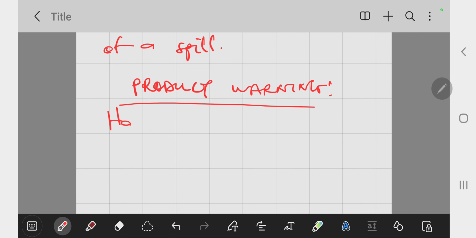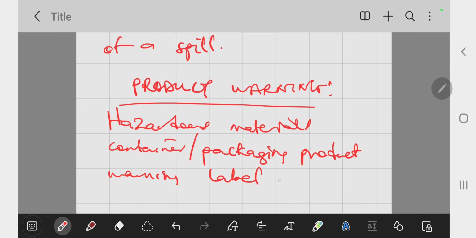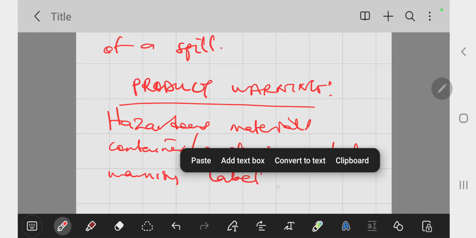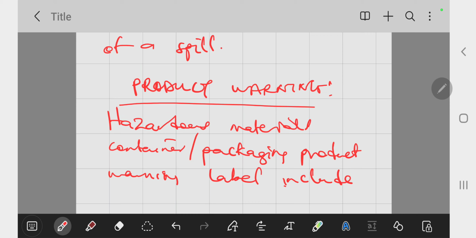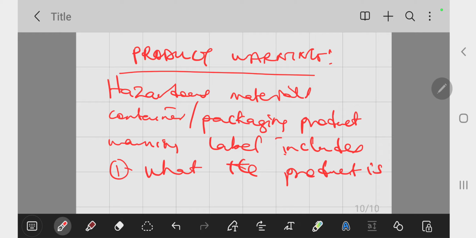See, hazardous materials, container or packaging product warning label includes, number one, to tell you what the product is.